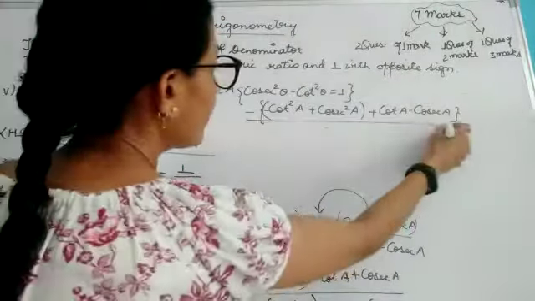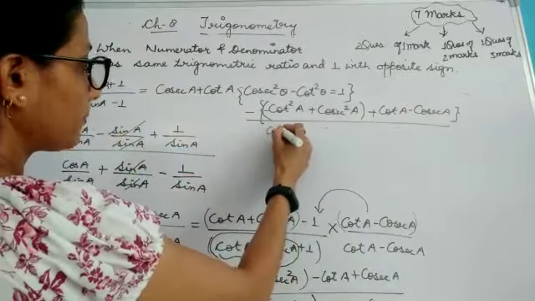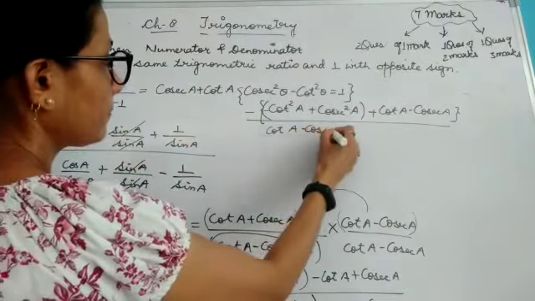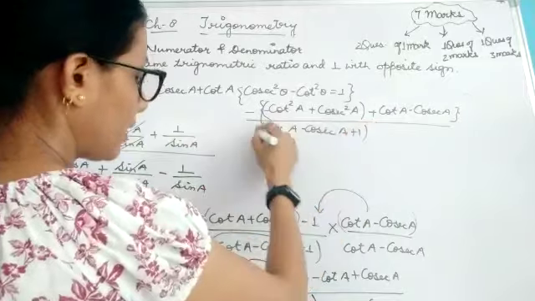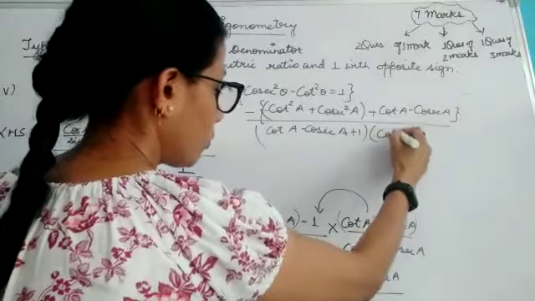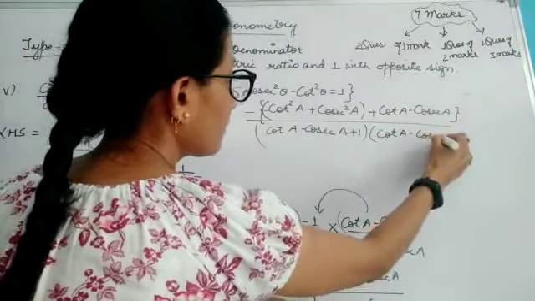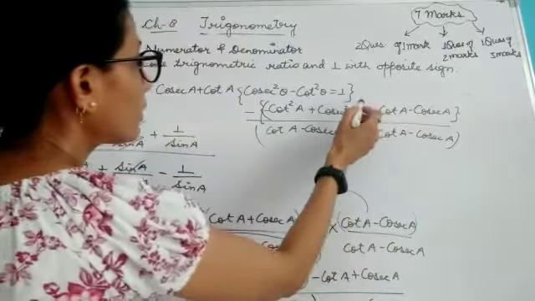So I will be getting now cot A minus cosec A plus 1, and denominator cot A minus cosec A.